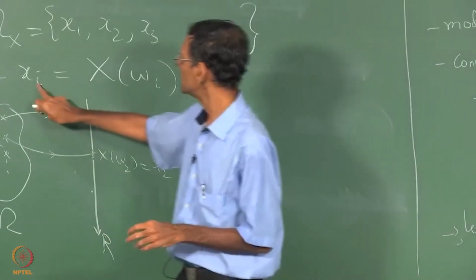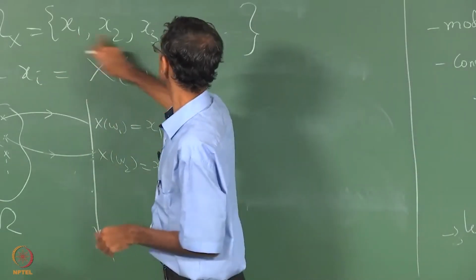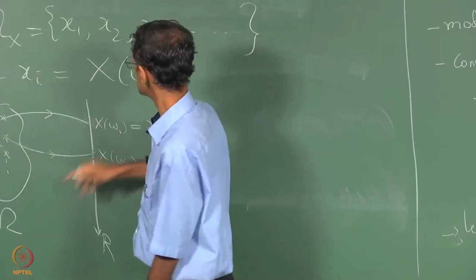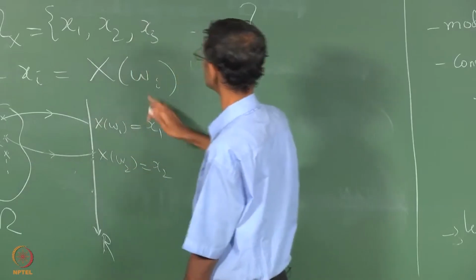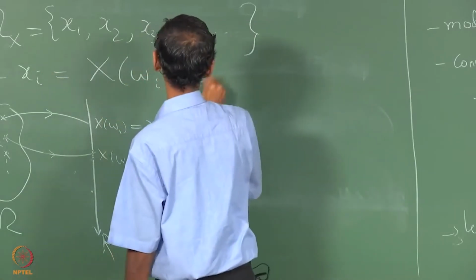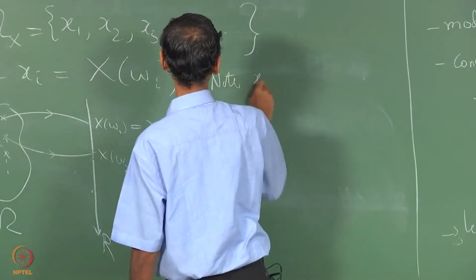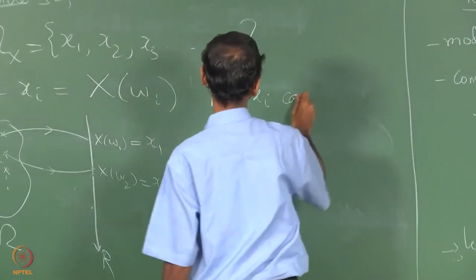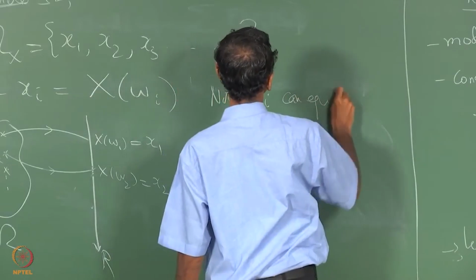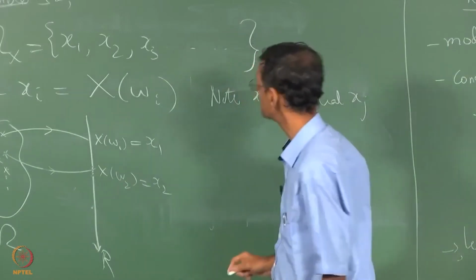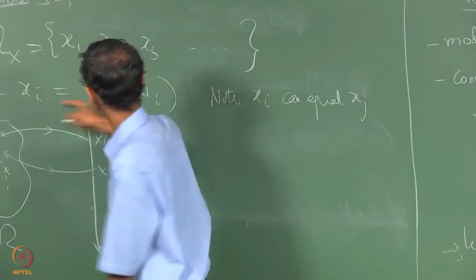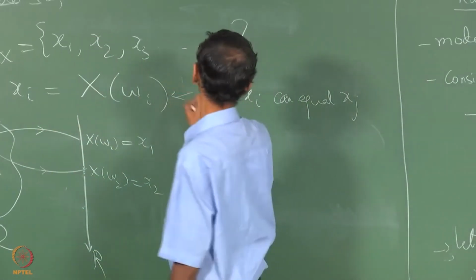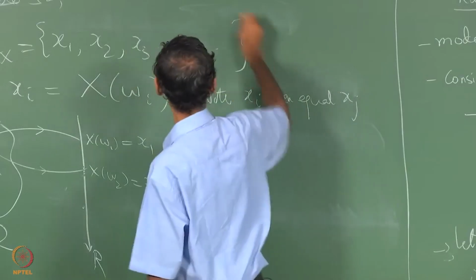The i index only indexes something here or something here, but you have to be careful that some xi can be equal to some xj. If you write it like this, it sort of implies a one-to-one mapping, which need not be the case. So if I write it like this, omega X, here we will avoid duplication.